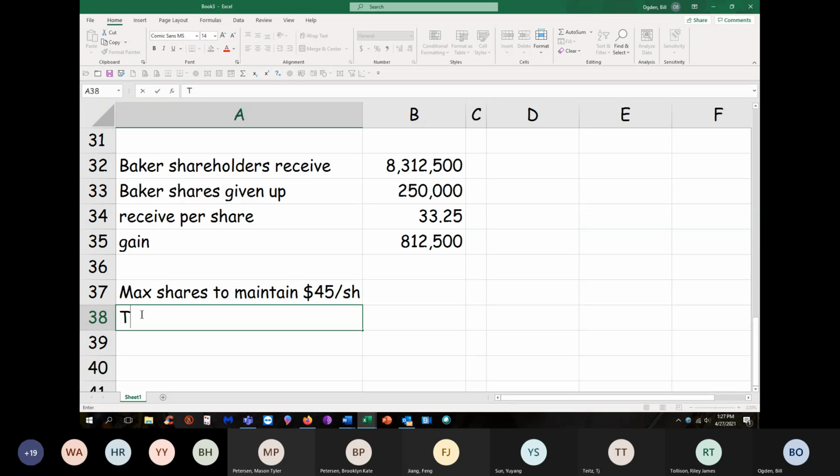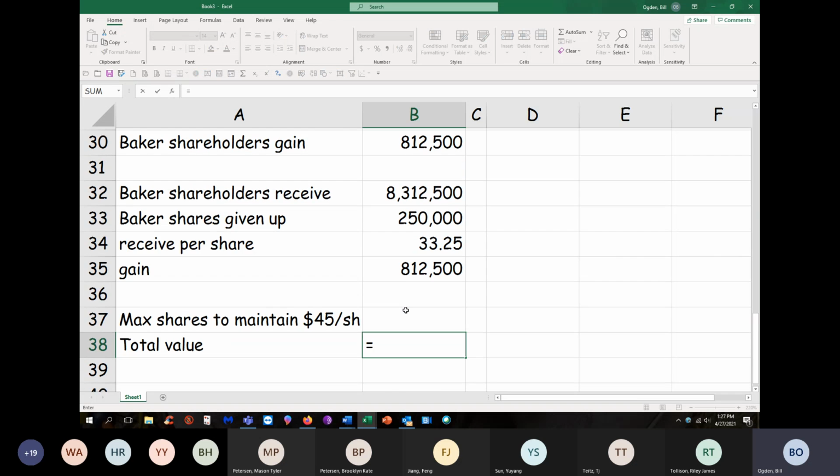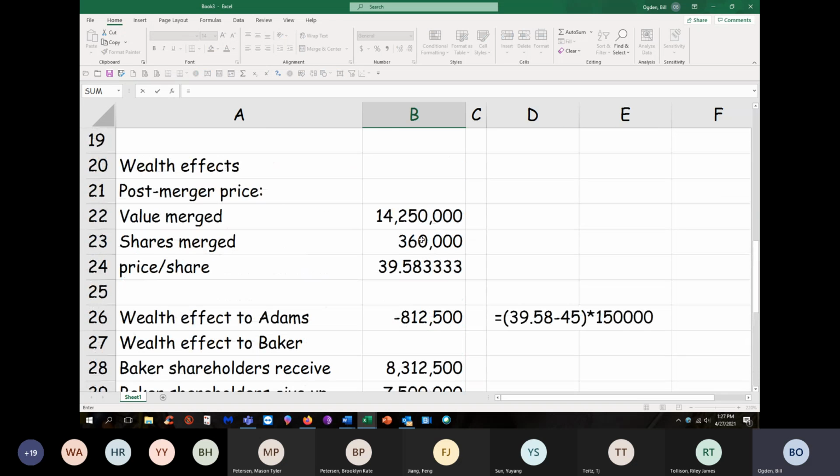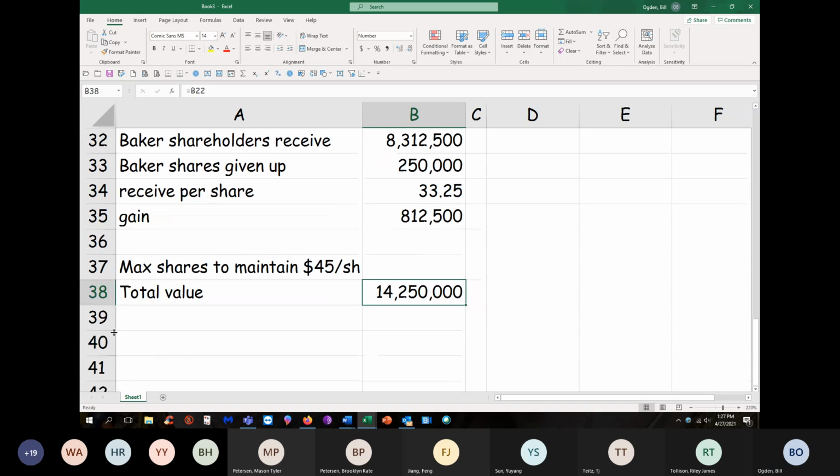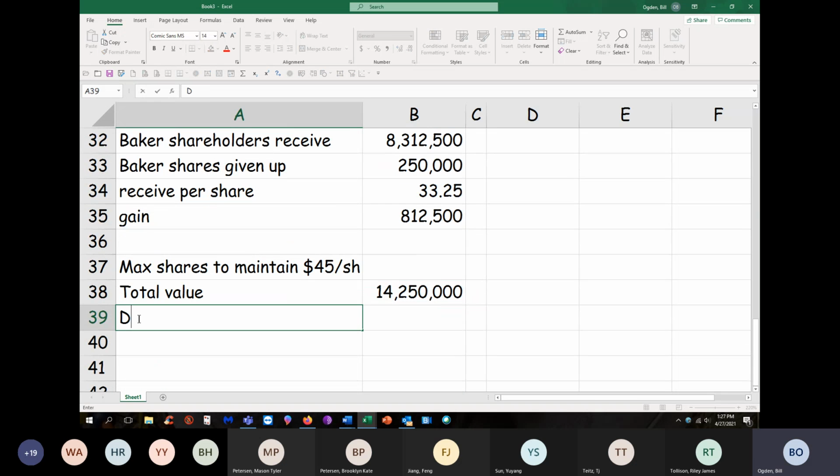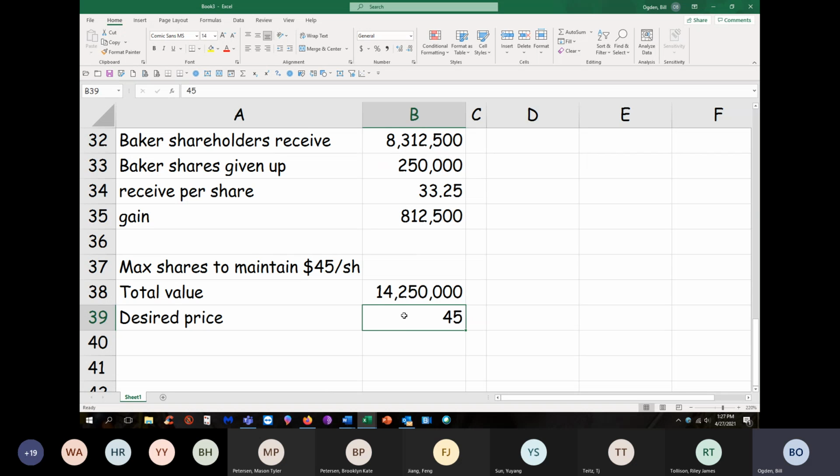Total value. And we have that number. We've done it before. And that would be the 14,250,000. Okay. And the desired price. And we're going to keep this price at $45 per share. All right. So what's the implied number of shares?